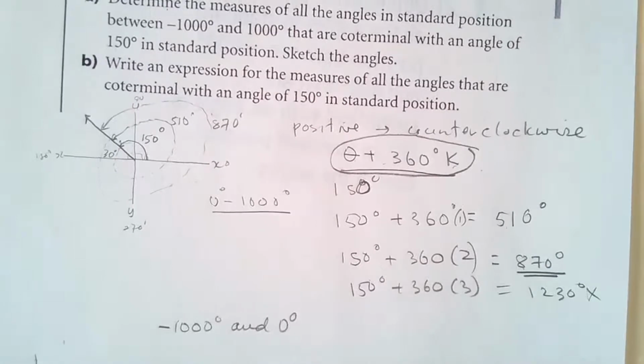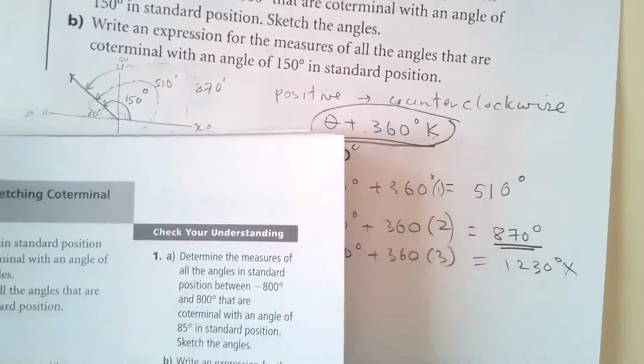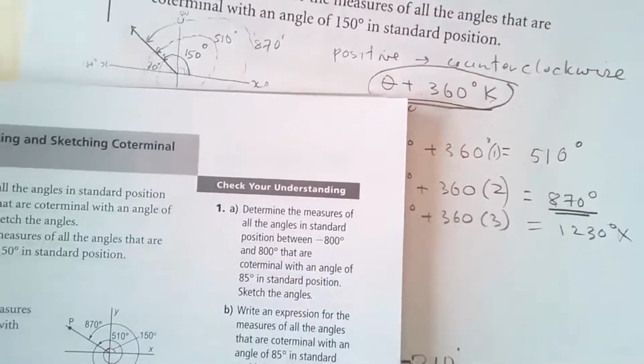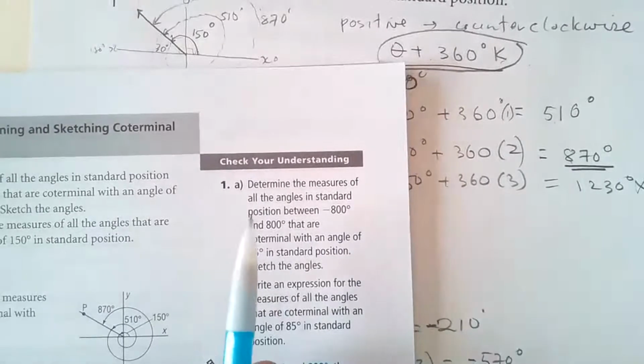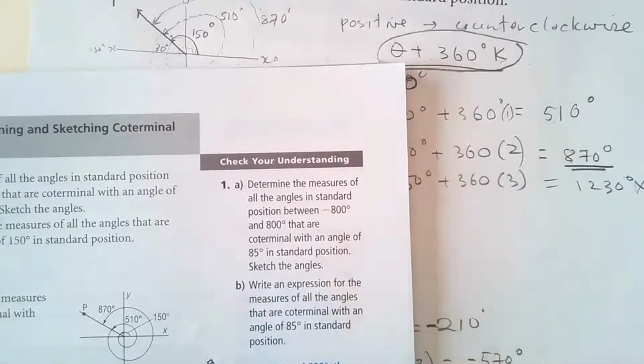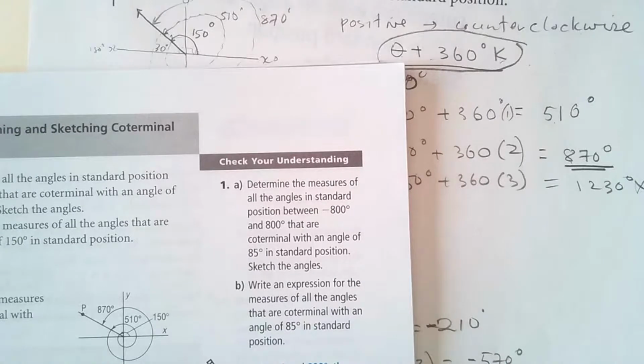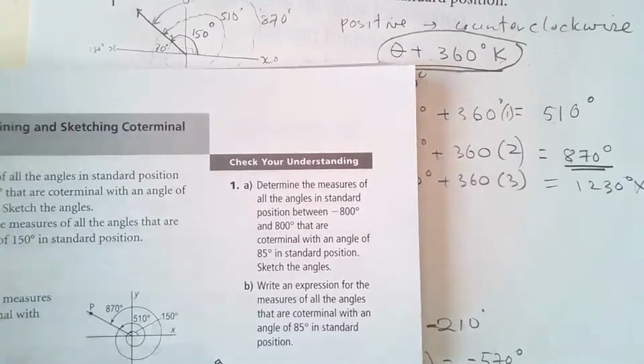Your assignment question is to look at the check your understanding question, this question here: determine the measure between 800 and negative 800. Try that.